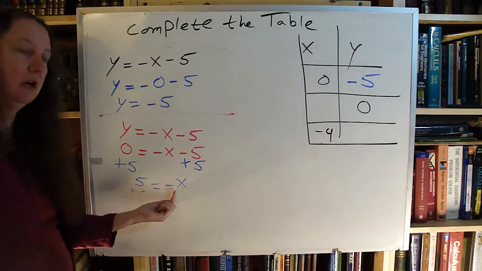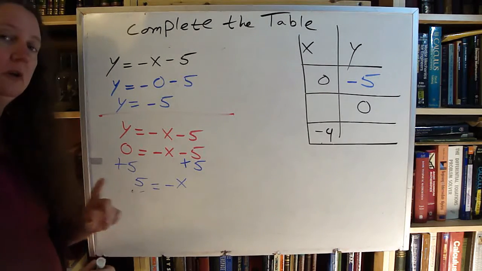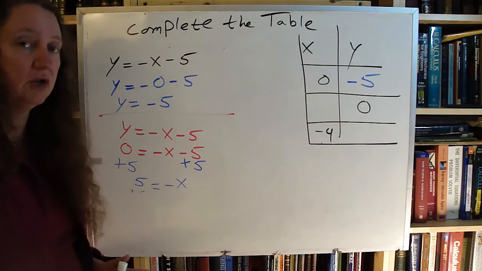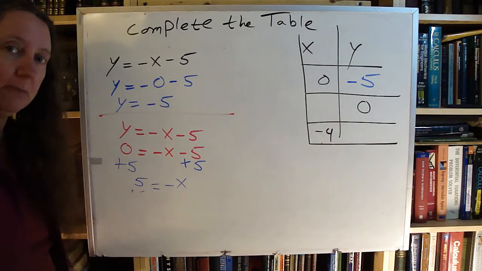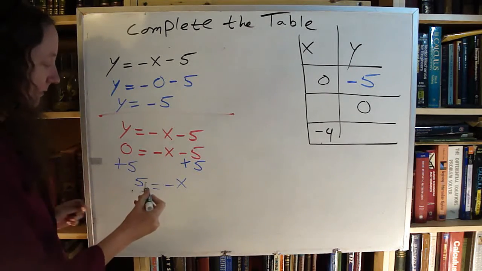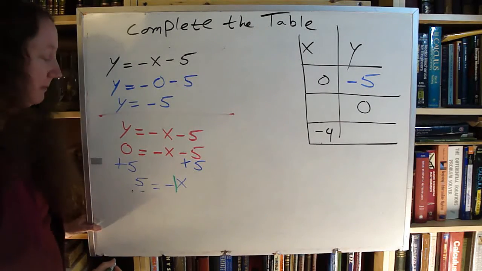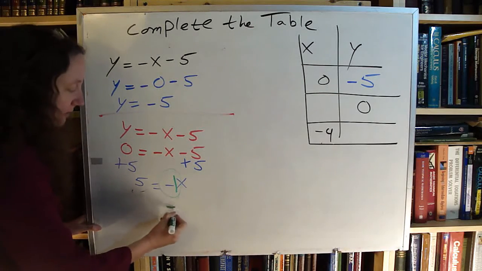Hopefully you know how to take care of this negative sign here. If you don't, there's something you can remember. Anything can be multiplied by 1 and it doesn't change it. So I can take this negative x and I can multiply it by 1. So I multiplied a 1 in there. Now I can divide the negative 1 out.